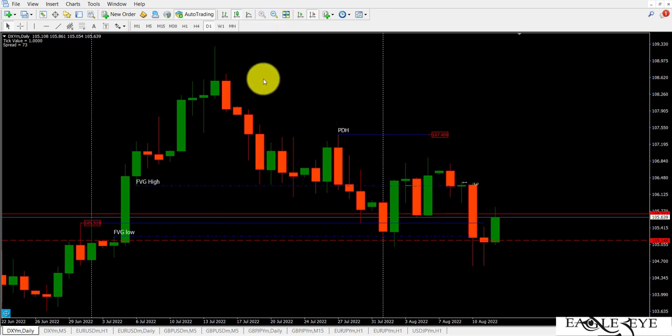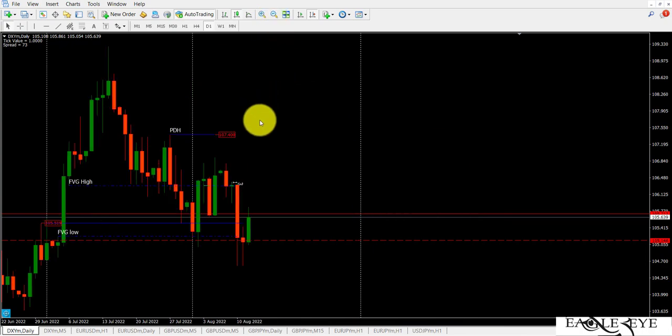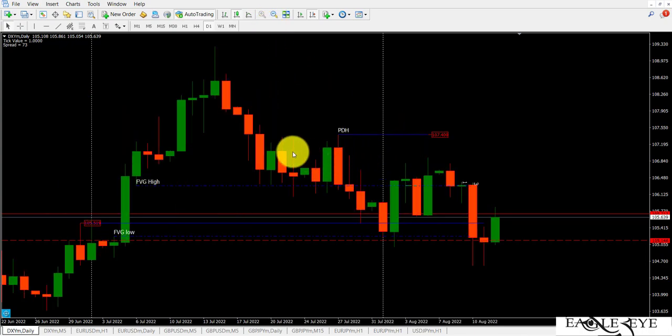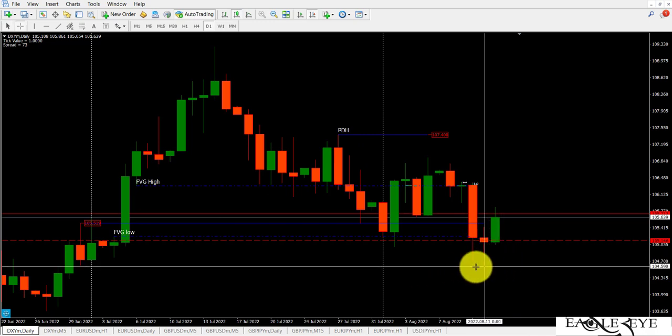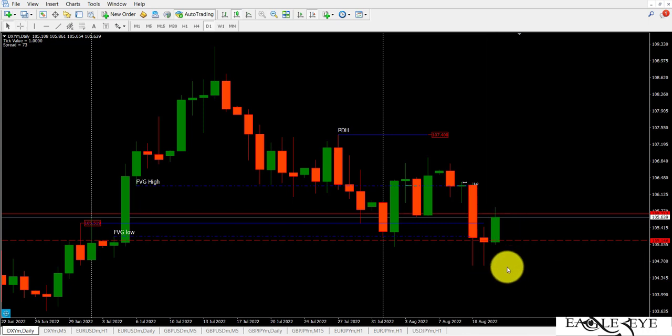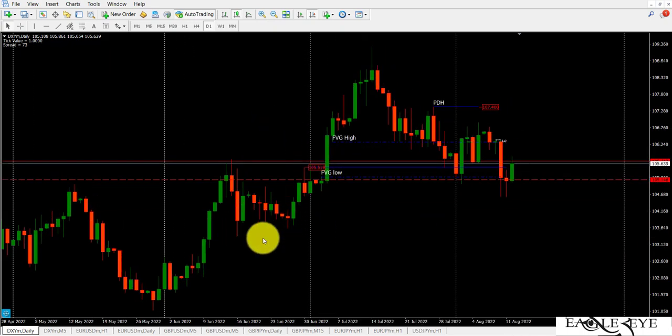Just looking at what price would give us on Monday straight. We have this particular equal lows right here. Now, should price open up on Monday and then start trading lower, I'm expecting that we run these equal lows right here on Monday, and then from there, I'll be expecting these lows to be reached.